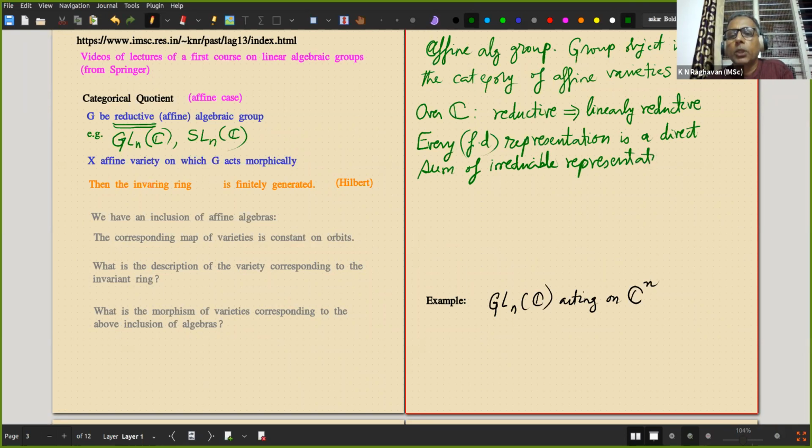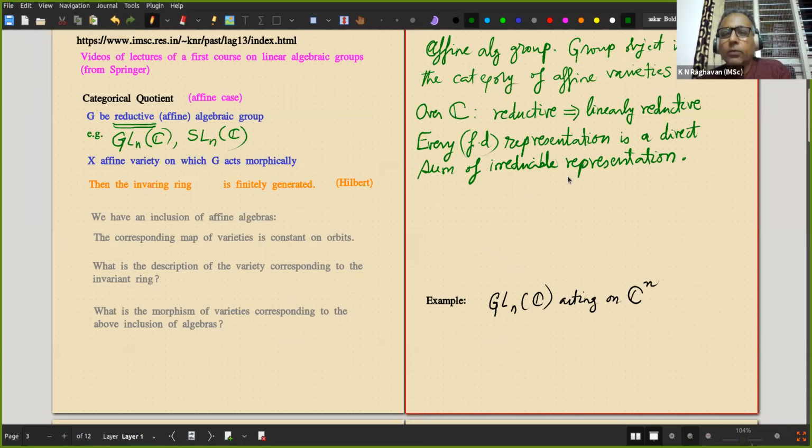An irreducible representation is one that has no non-trivial sub-representations. So given a representation, the whole representation, of course, is a sub-representation. The zero subspace is also a sub-representation. It should not have anything else.